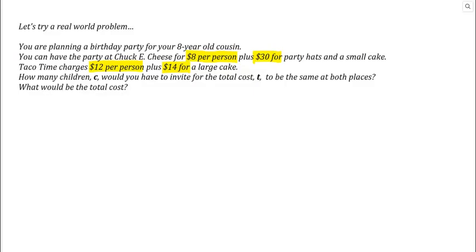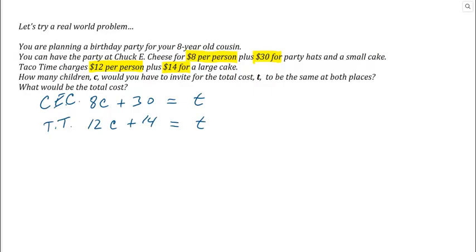So the total cost, so we're looking at $8 per person or per child plus $30 will equal the total at Chuck E. Cheese. And the other one, Taco Time, it's going to be $12 per child plus $14 for a large cake, and that equals T.